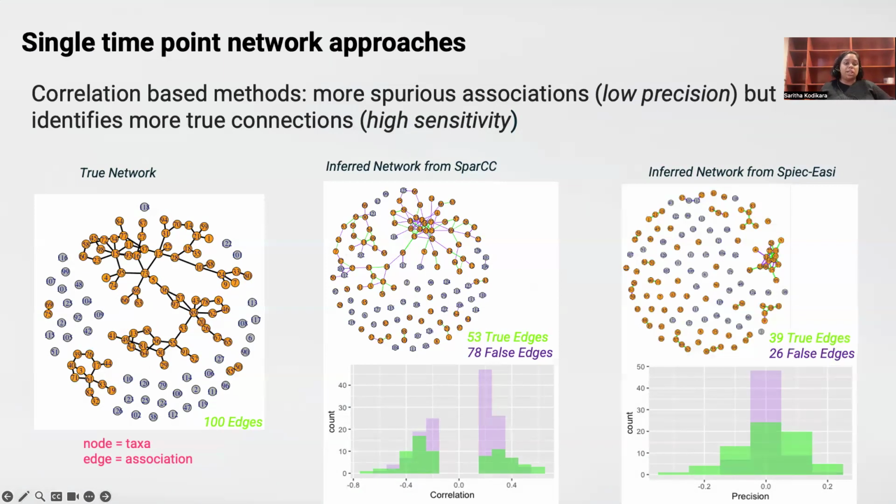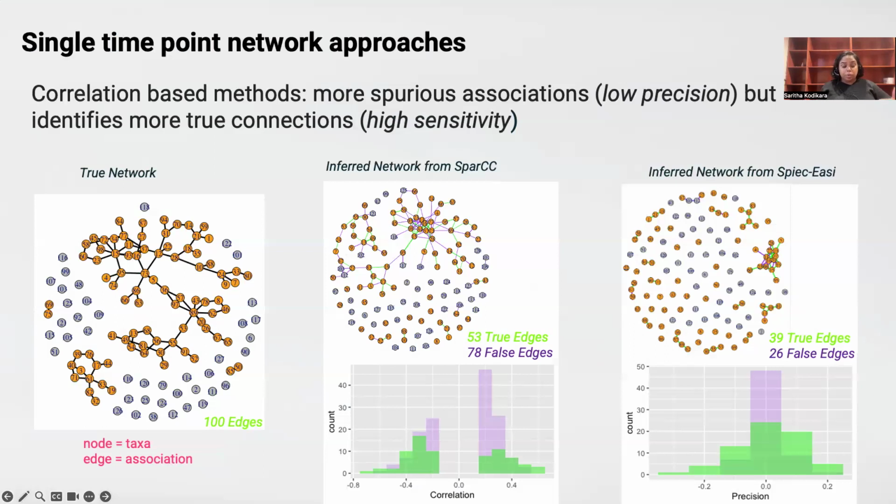Whereas when you use a precision-based method, you find fewer edges, but they are much more likely to be correct. So you have to identify what type of approach you want. Do you want high sensitivity or high precision? Correlation methods give more spurious associations, so they could give you low precision, but they identify more connections, so you have high sensitivity. There's always this trade-off between sensitivity and precision.